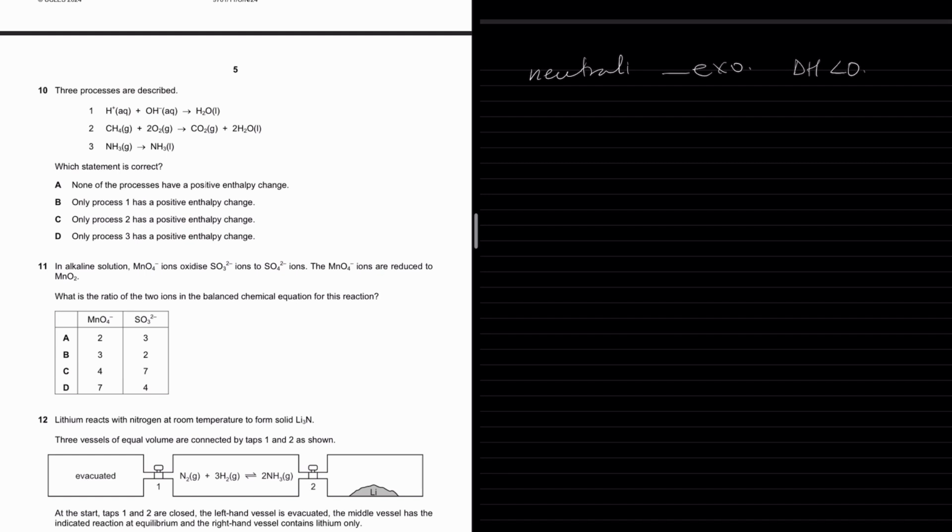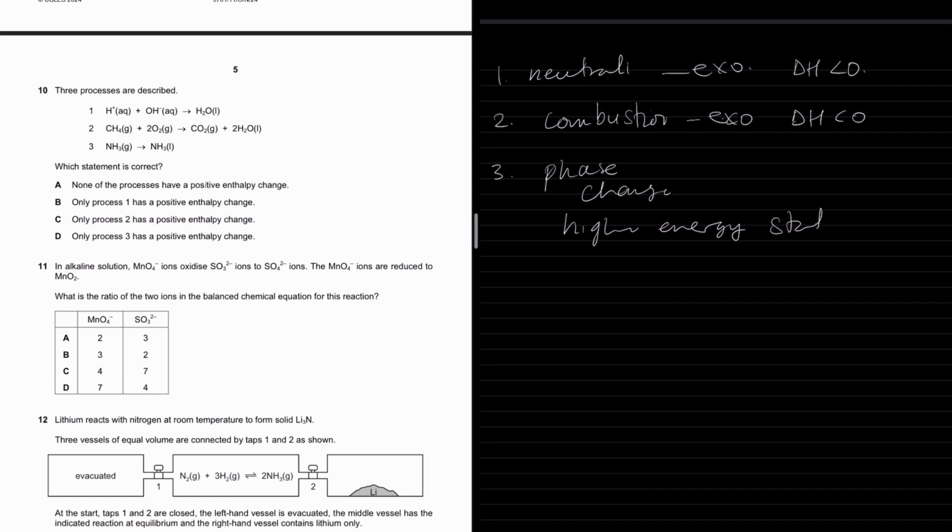It's negative. Number 2, CH4 plus O2. That is combustion. And we know that combustion is exothermic. The delta H is less than 0. Question number 3, NH3 gas goes to NH3 liquid. So what's going on here? This is a phase change, right? But the phase change is from a higher energy state to a lower energy state.